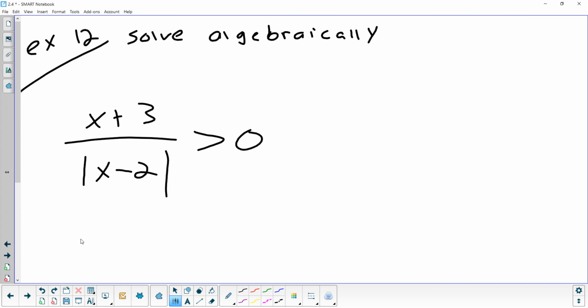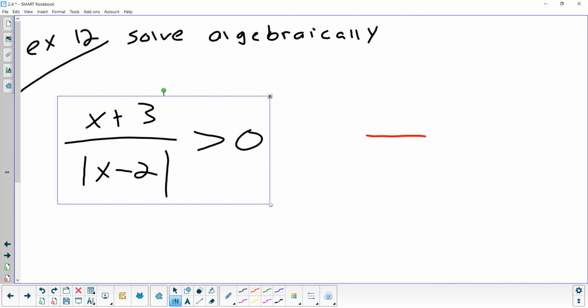So it seems at first like this could be a little tricky, but if you just think about it, it's not really that bad. I'm going to show you how I think about it. This is a fraction. They want you to divide two things and get a result greater than 0. So in terms of positives and negatives, can somebody tell me how can you divide two things and get an answer greater than 0?